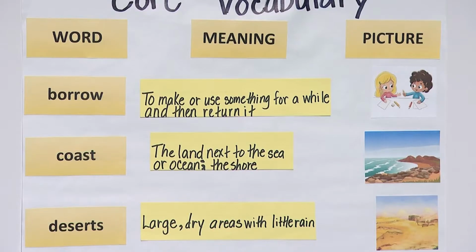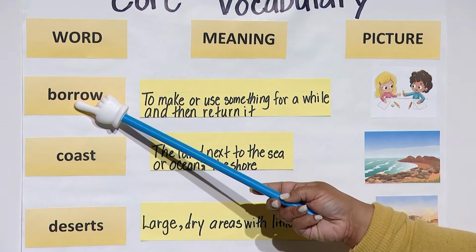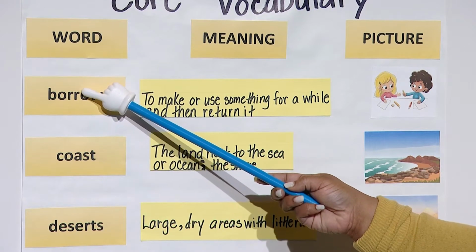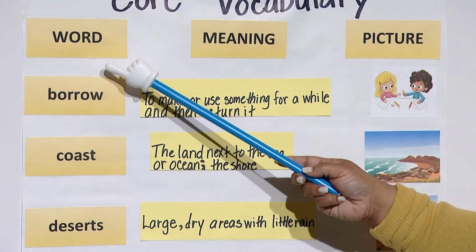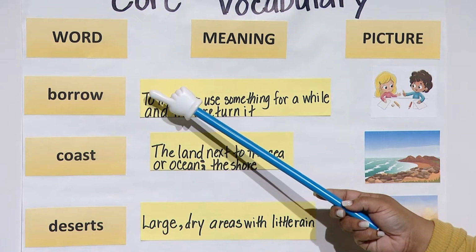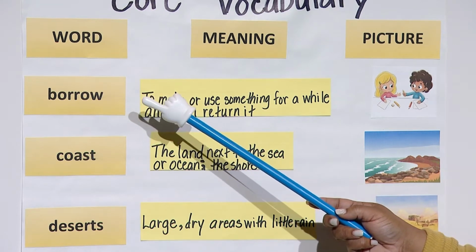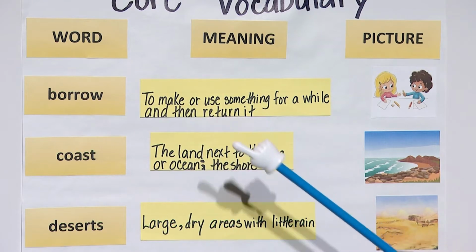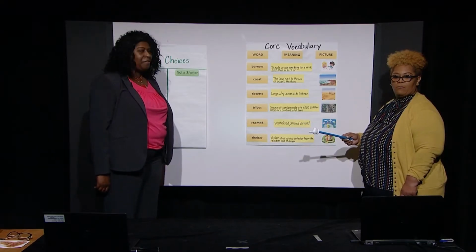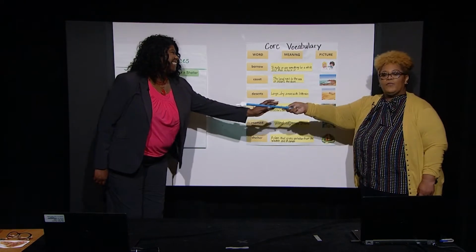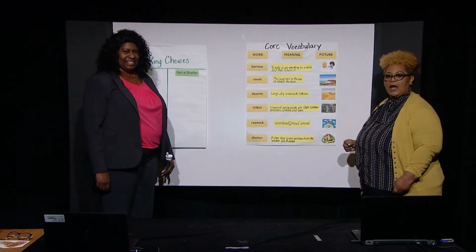The first word is borrow. Say it with me, boys and girls. Borrow. Yes, that's it. Borrow means to take or use something for a while and then return it. Miss Nicole, can I borrow your pointer? Yes, Miss Delphine, you can, but make sure you return it.